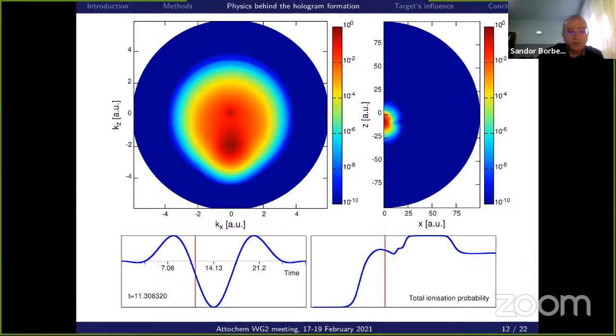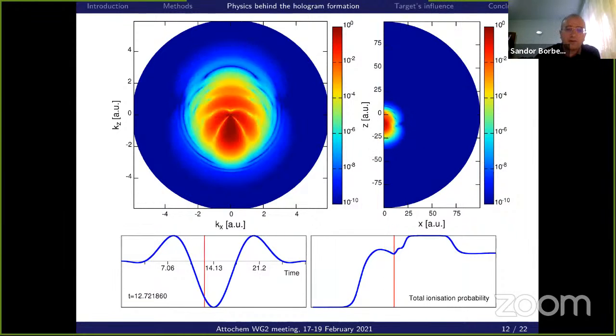Propagating the system further, with the change of the electric field's direction, this very broad continuum electronic wave packet returns to the core, where it is scattered, leading to this very nice interference pattern.